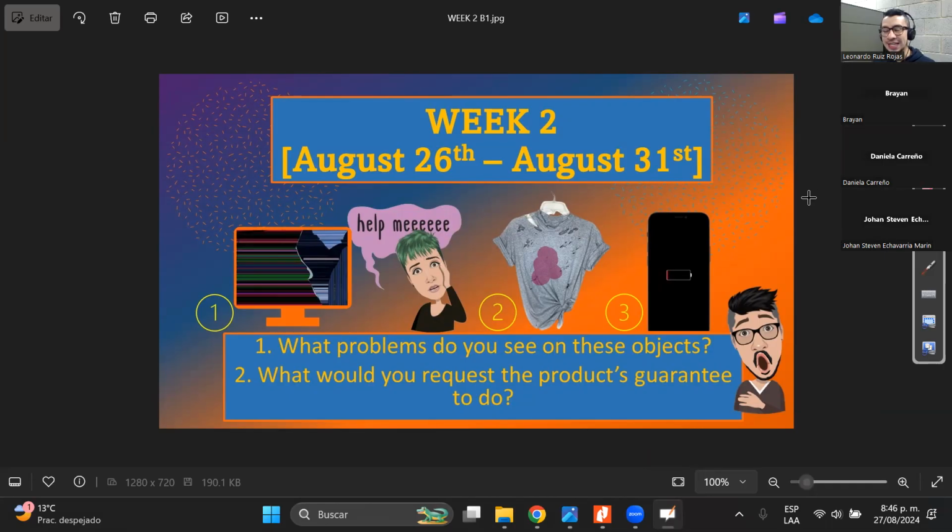Muy bien, very good. The t-shirt has a stain, no? Entonces, in that case, for the holes, what does it need? It needs to be replaced. But if it's only stained, what does it need? It needs cleaning. Muy bien. Of course, it needs cleaning or washing, ready? Or it needs to be washed.